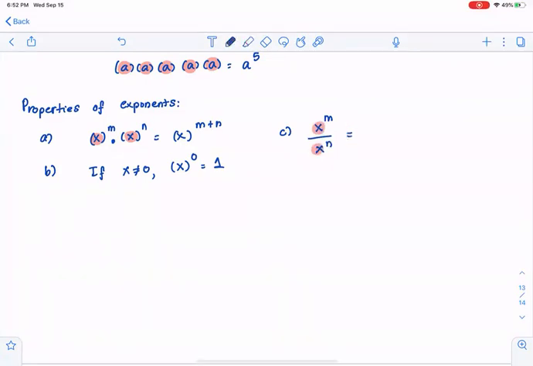So I'm just going to put x and write it as m minus n. If I have x raised to m and raise it to the power of n, we will simply multiply those two. So x raised to m times n.